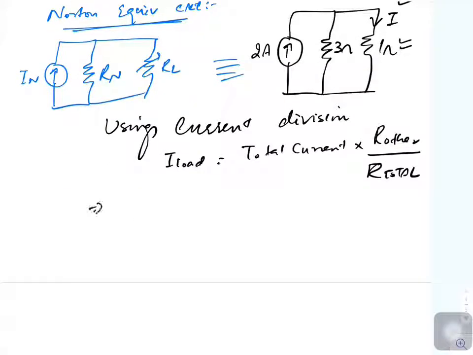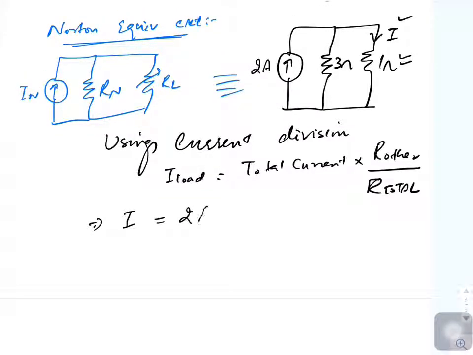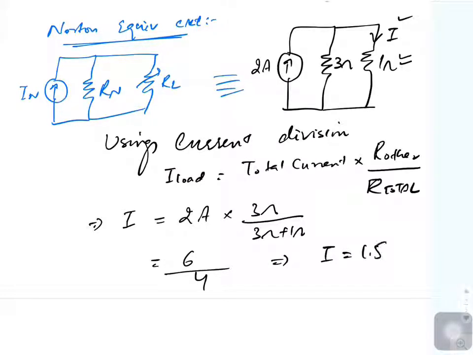So you apply all the values. I can say I is equal to 2 ampere into 3 ohm upon 3 ohm plus 1 ohm. The answer is 6 upon 4. So you again see the value is 1.5 ampere.